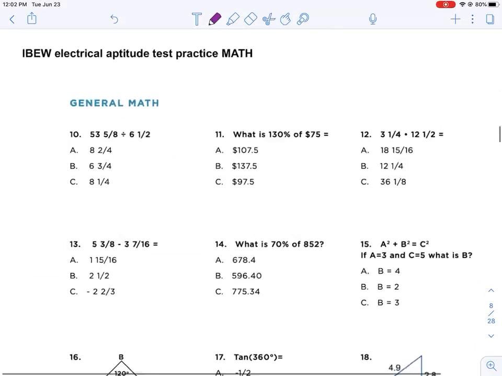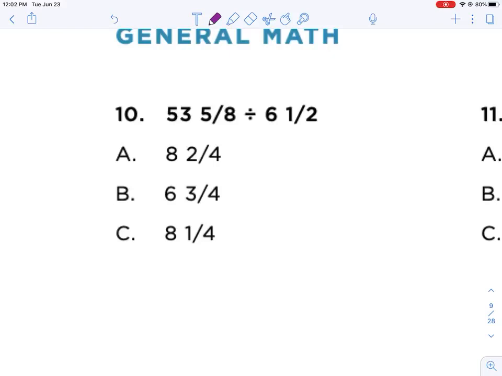Let's talk about division of fractions and multiplication of fractions. You don't want or care about common denominators. But let's do number 10 for you here. 53 and 5 eighths divided by 6 and 1/2.